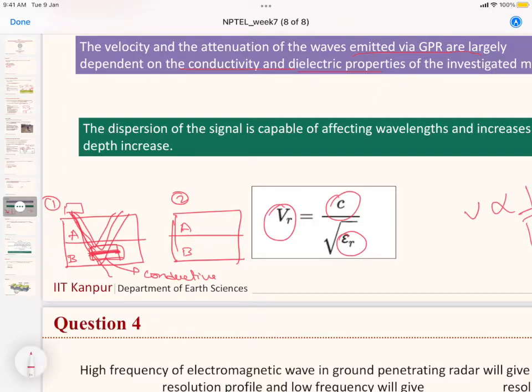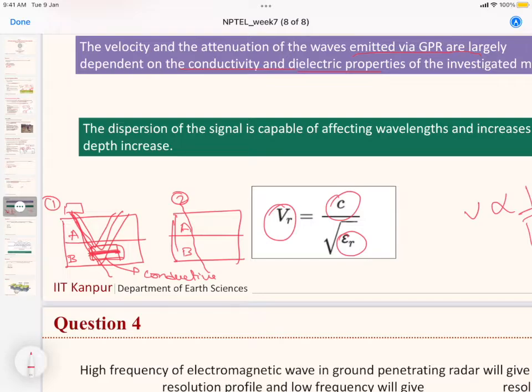But in this B scenario, since we don't have any conductive body, the general tendency of the wave would be to go deeper until the energy is diminished completely. And this is what we call the depth of penetration, how deep a wave can go.